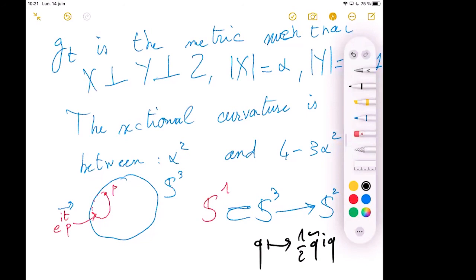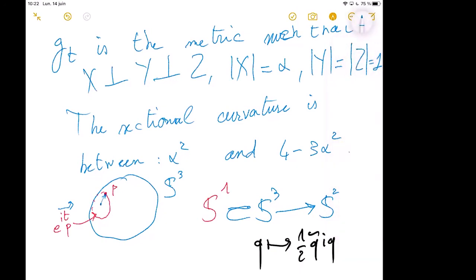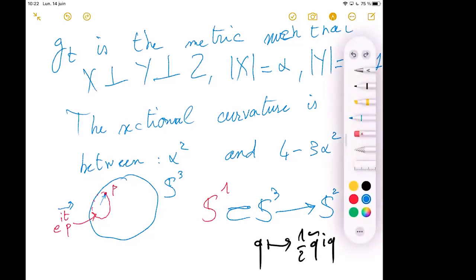Which has curvature form. And what's going on as alpha goes to 0, so you're shrinking these circles, these red circles. So yeah, maybe in a kind of sloppy way, but we could say that these circles have a radius alpha.